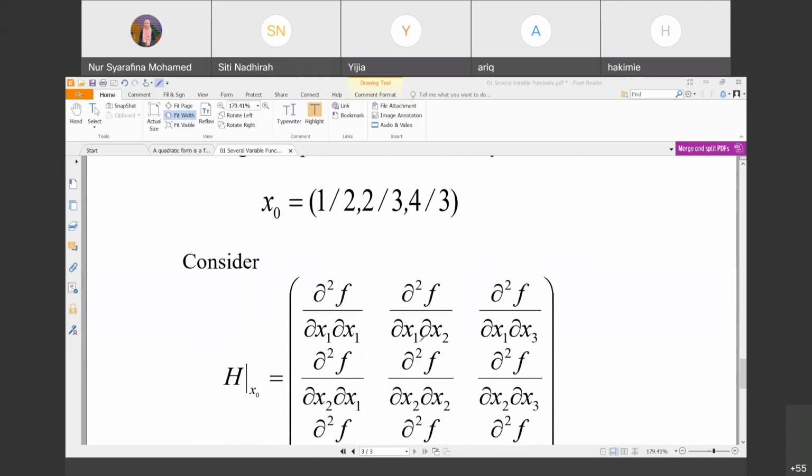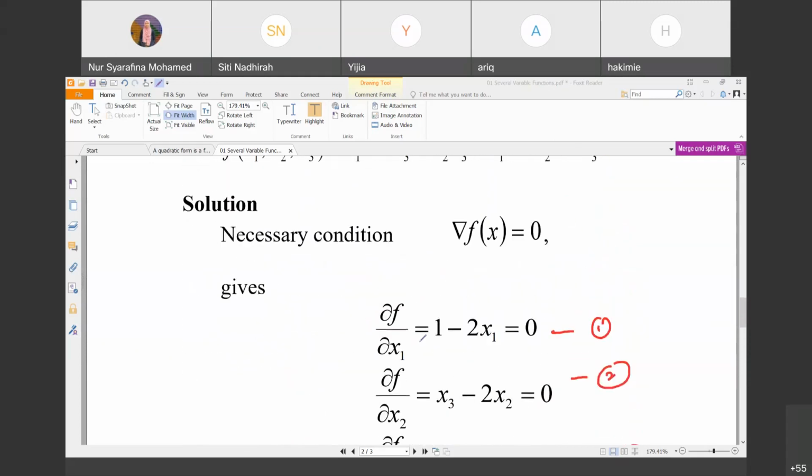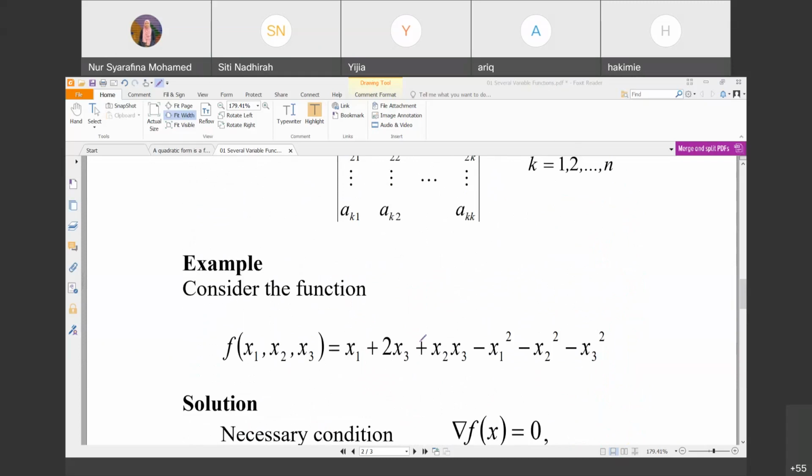So now we want to construct the Hessian matrix. Before this, we just had a matrix. It is a symmetric matrix, but that is only applicable for the quadratic form, which is n equals 2. Now we have this kind of function, and it is quite hard to just form the symmetric form.